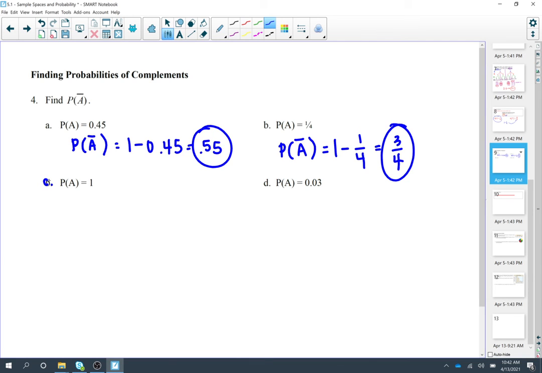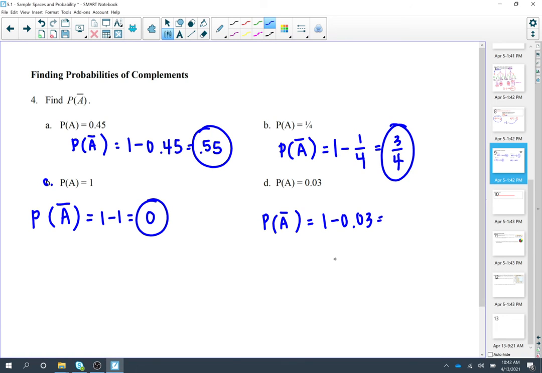If the probability of A is 1, meaning it is certain it's going to happen every single time, then the probability of not A would be 1 minus 1, meaning 0. And then last but not least, letter D, if the probability of A is 0.03, then the probability of not A is 1 minus 0.03, which is going to give us 0.97.